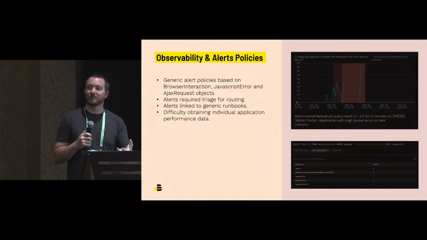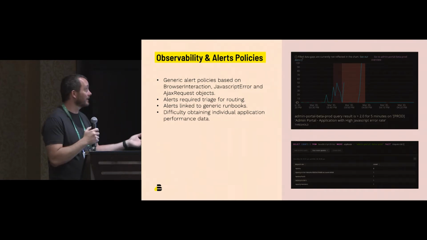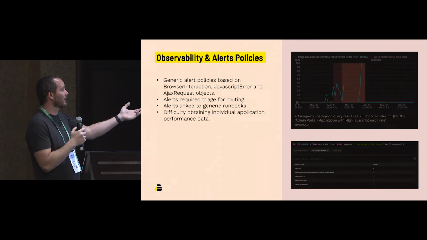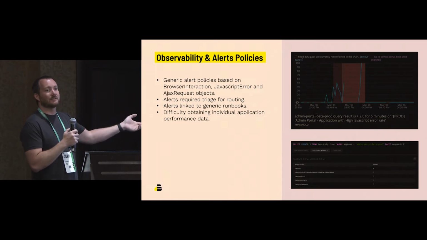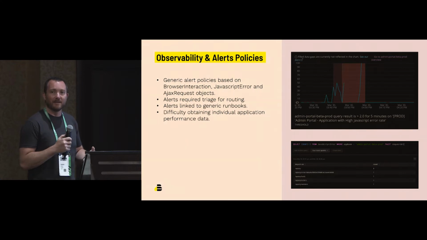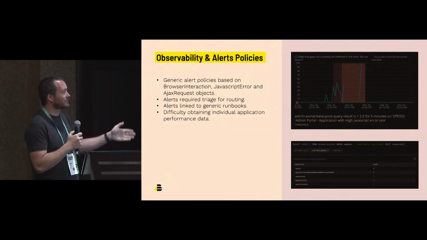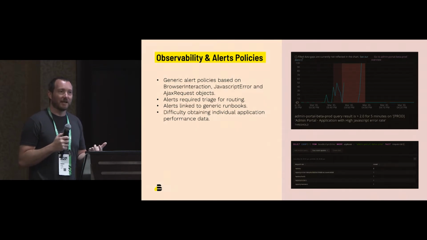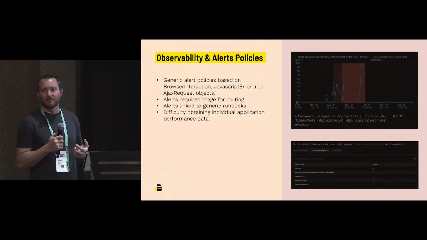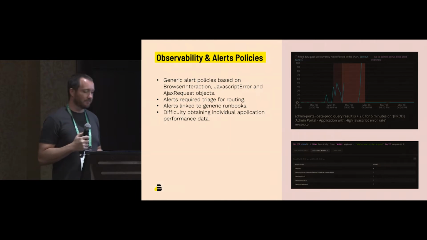So someone from the core team needed to take this example alert with our JavaScript error rate spiking. They would then need to run a query and try and see the routes that the errors are happening on and say, oh, okay, most of the routes have apiary in the name. The errors are happening in the apiary application. Let's engage that team to figure out what we can do.